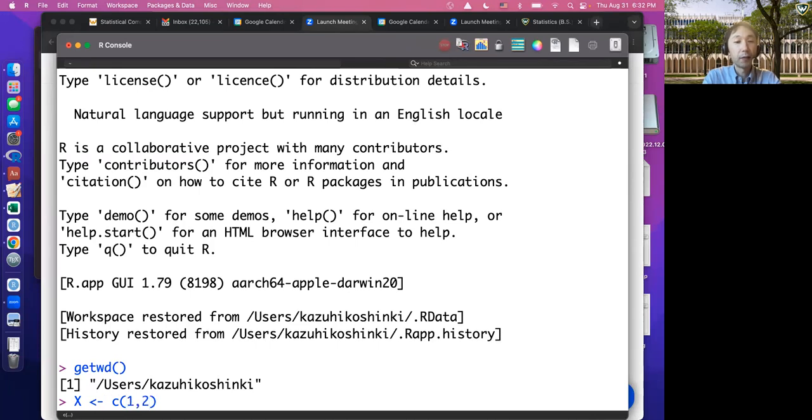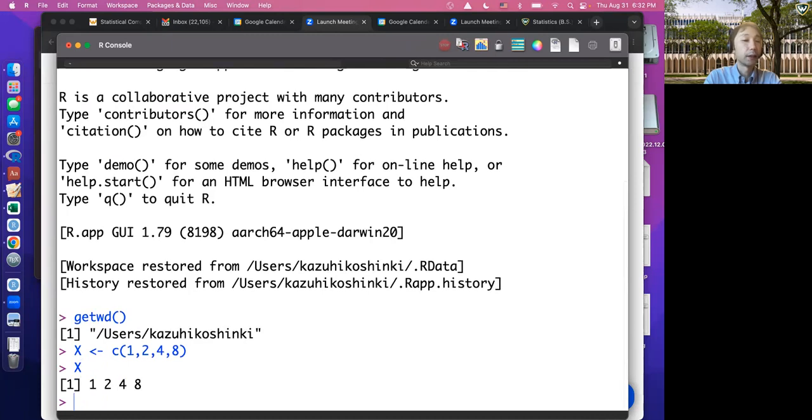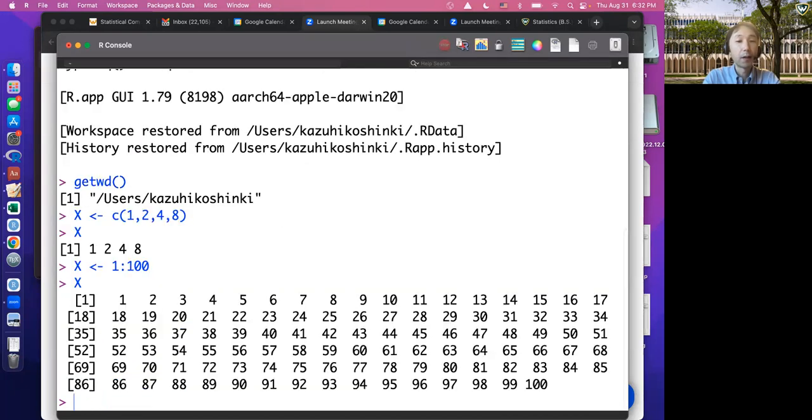For example, C(1, 2, 4, 8). So this makes a vector with 4 elements. You can define a vector with more elements, then you can see the results in this way. And I think that is what we have done.